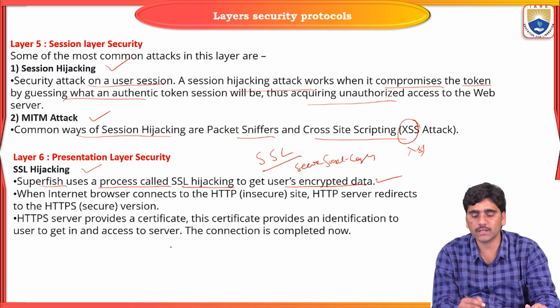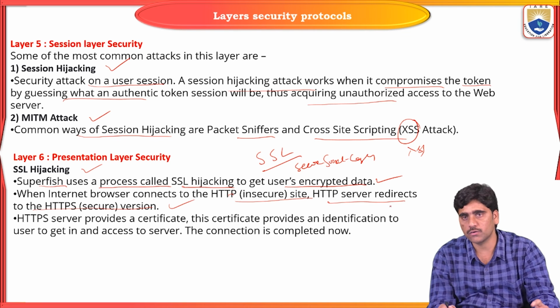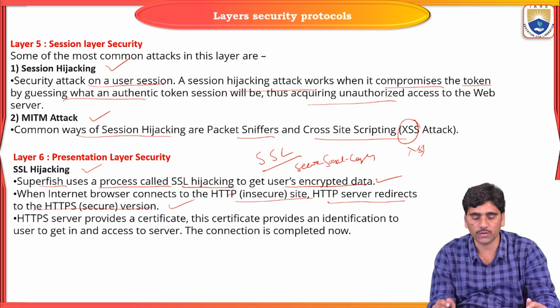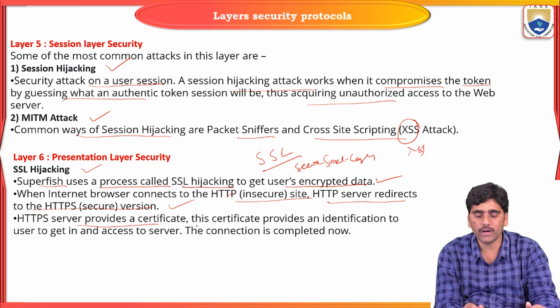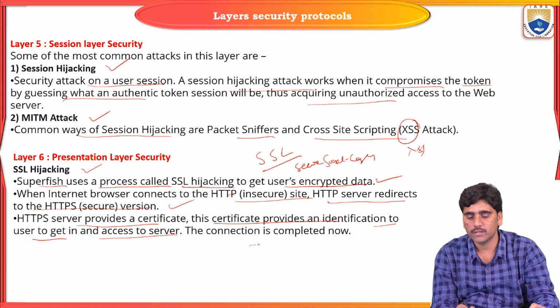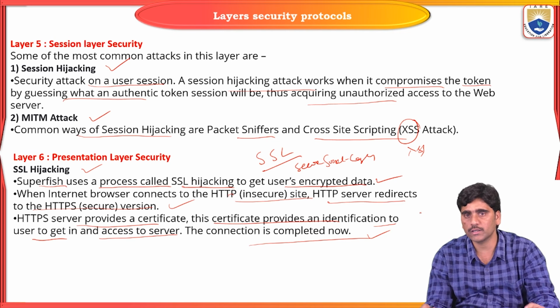When an internet browser connects to the HTTP site, the HTTP server redirects to the HTTPS secure version, and it provides a certificate. This certificate provides identification to the user to get in and access the server. The connection is completed now.